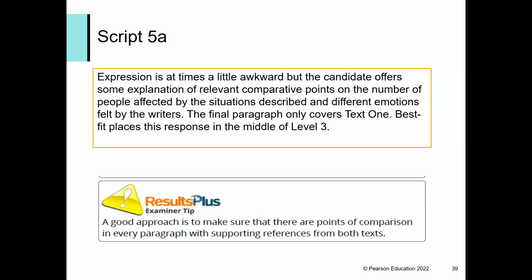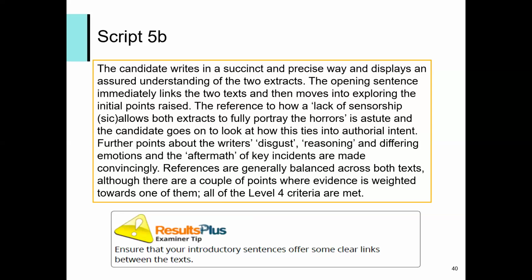The 5B script, this is a top level 4. This candidate writes in a succinct and precise way and displays an assured understanding of the two extracts. The opening sentence immediately links the two texts and then moves into exploring, so more than explaining, it's exploring the initial points raised.